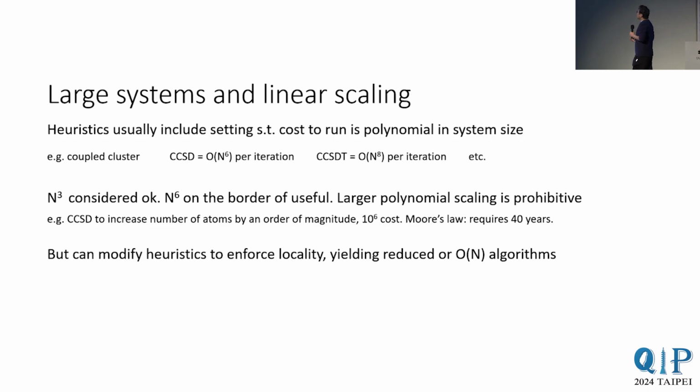But just as you could introduce locality to reduce the scaling, as I discussed in detail in the mean field case, you can modify your heuristics to enforce locality. And this is what people do in practice to simulate large systems. You can even get down to order n or linear scaling algorithms.